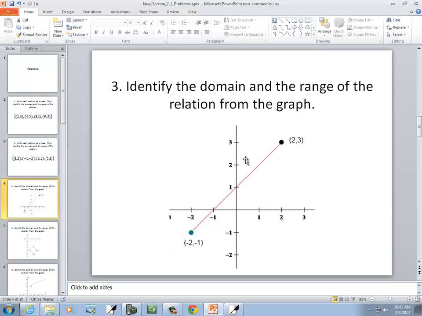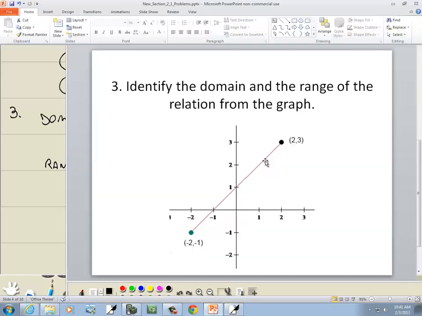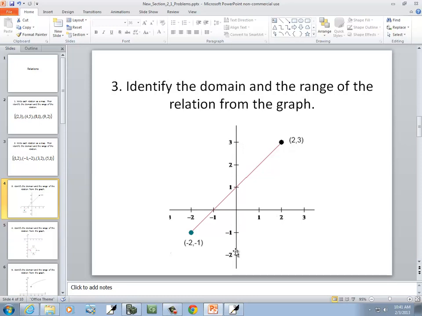Now our range, and you can probably guess what this is. This is your y values where our graph exists. So I'm looking at the y-axis. I come down here, -2. If I go left to right, I don't find my graph anywhere.